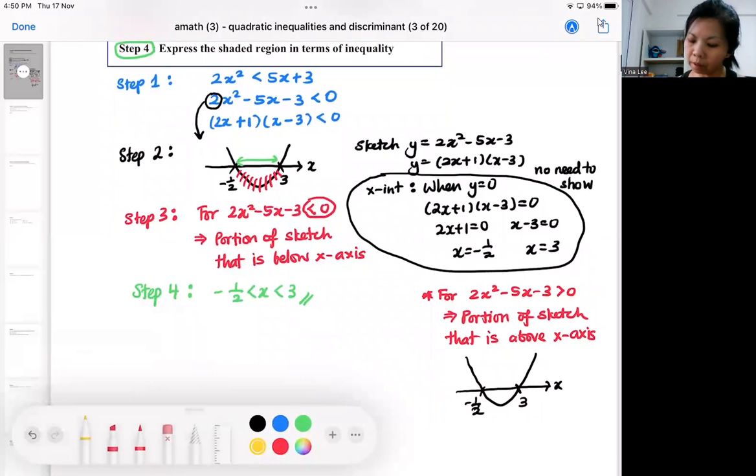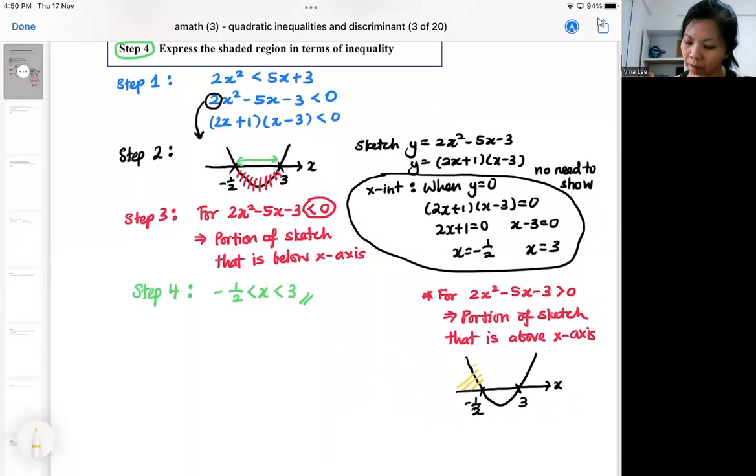If I'm interested in above the x-axis, I got two portions. So I got two sections that are above the x-axis. For these two sections, the number line is this.